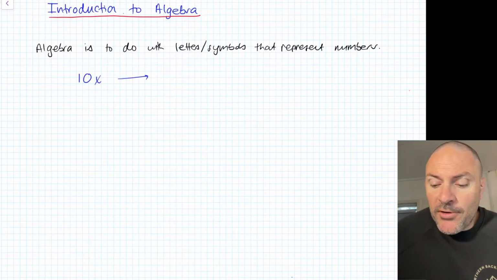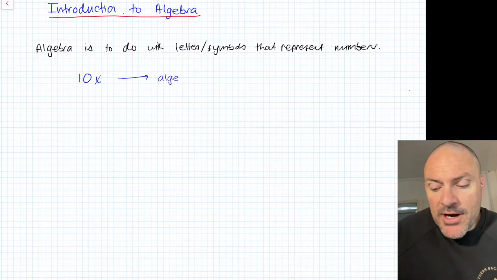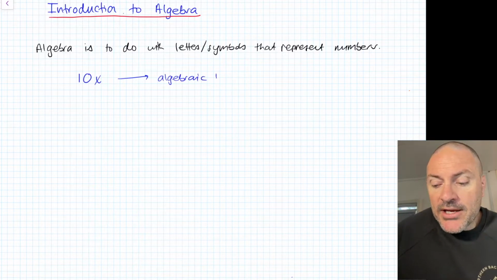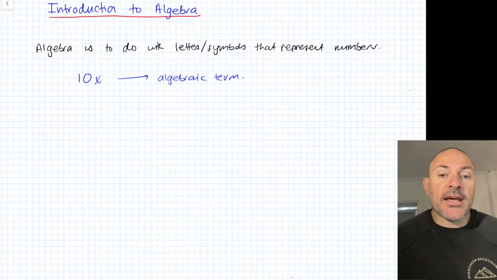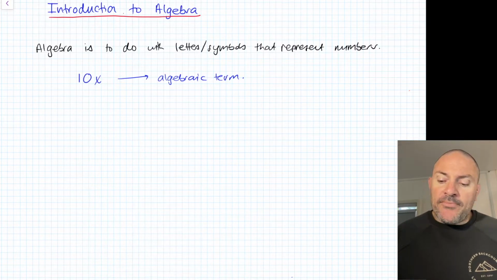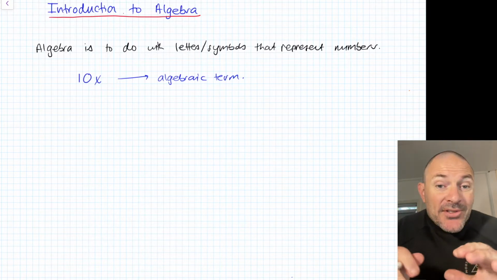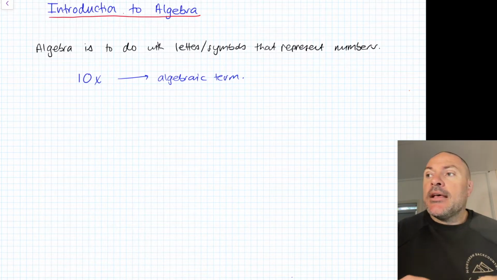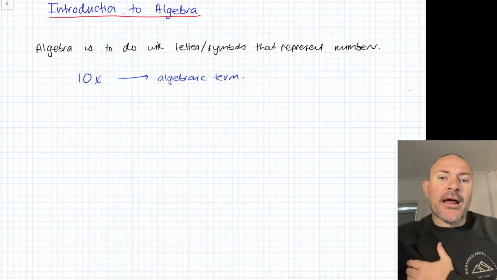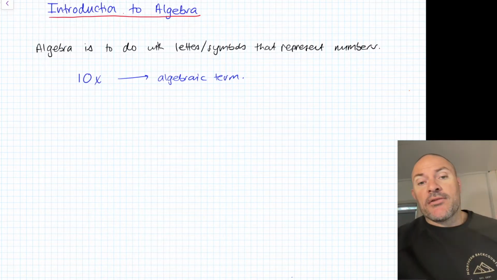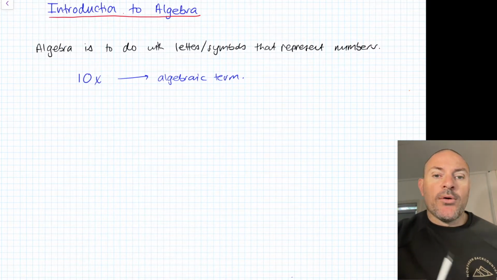This is what we refer to as an algebraic term. Okay, very simple. Now, we can sometimes have more than one algebraic term. Let's say, using that same scenario as the party, no matter how many people are coming to my party, I still need to buy some decorations. I want to get some music. I want to get bits and pieces.